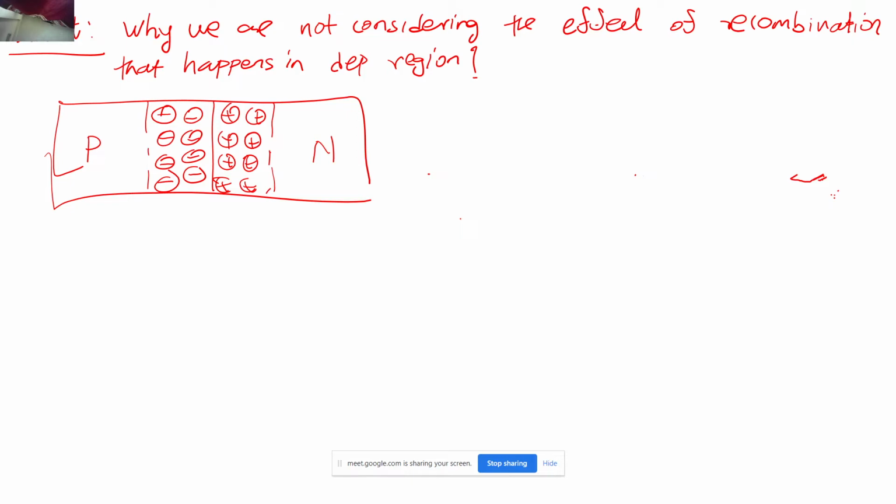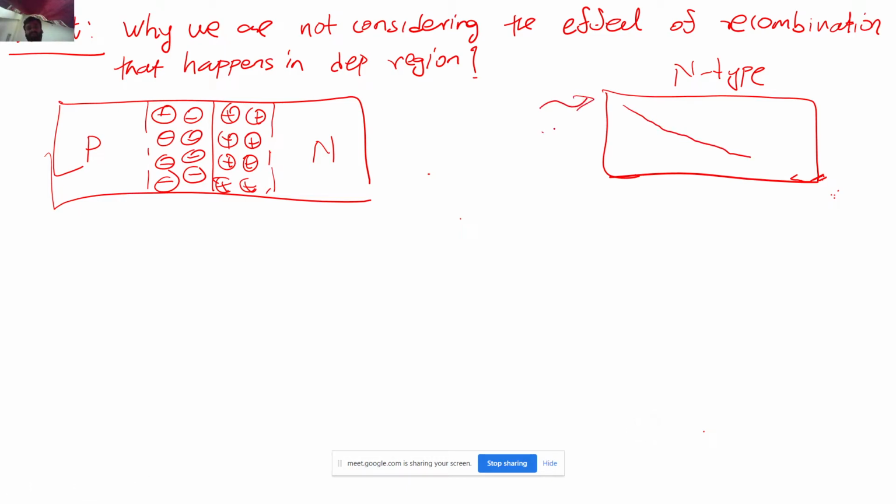Now I wanted you to first tell me this. Let's say I have an N-type semiconductor, and there is a concentration gradient present. Let's say there was photo generation or something, and a concentration was introduced exactly at this edge, and it started diffusing.